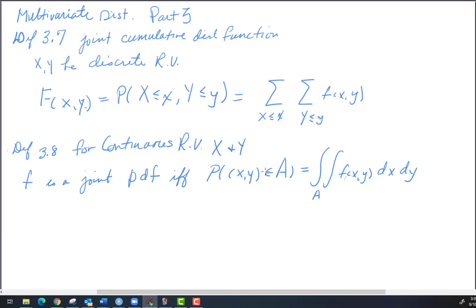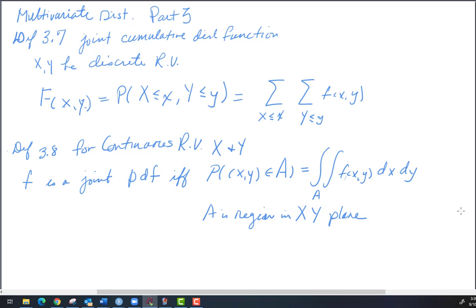And this A would be a region in the x, y plane.